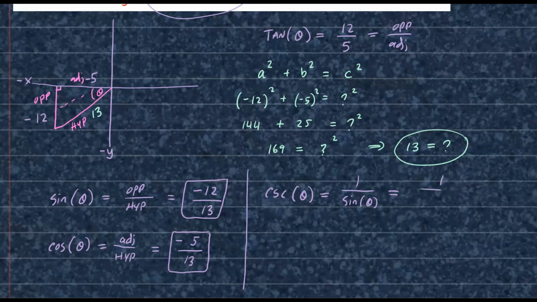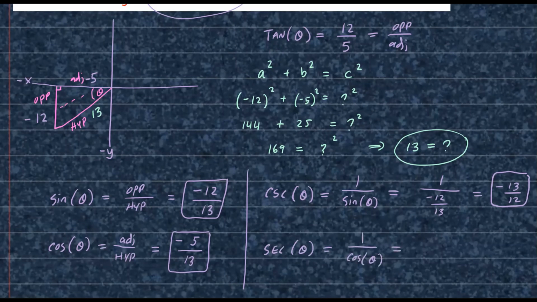So I have 1 over sine, which is negative 12 over 13, and that simplifies to negative 13 over 12. That's the reciprocal of sine. And then cosine, the reciprocal is secant theta. That's 1 over cosine theta. If you reciprocate that, you get negative 13 over 5.